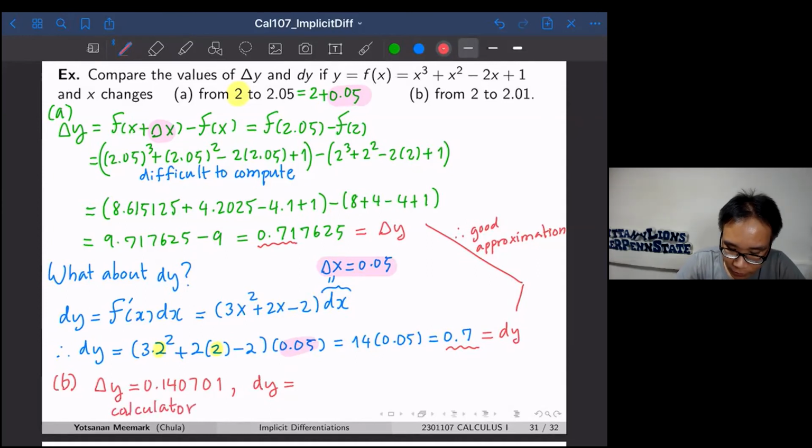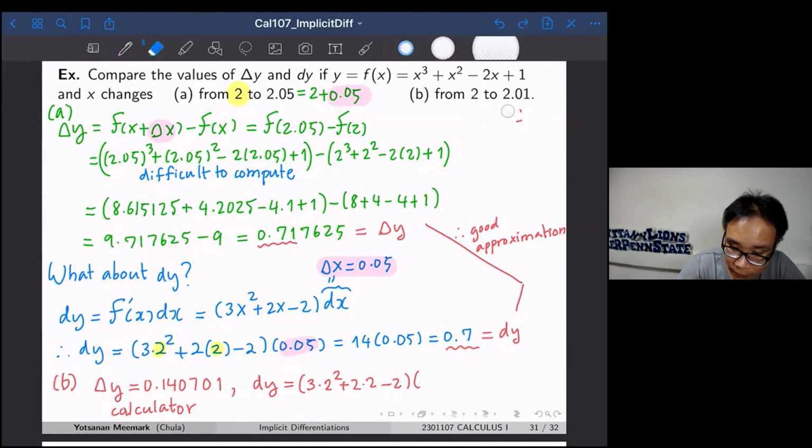For dy, it's going to be just the same thing. 2 squared plus 2 times 2 minus 2. However, in this case, delta x turned out to be 2.01. Let me write it this way.